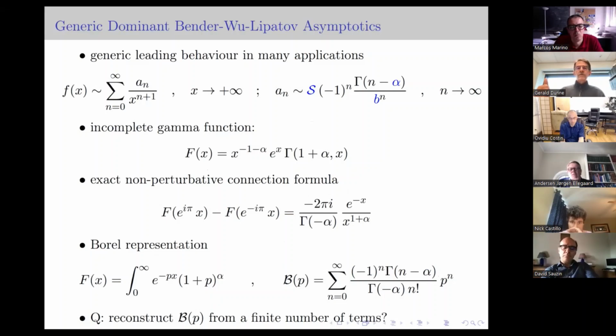The first thing you could do is just truncate. And of course, we all know that's hopeless, right? You fix the truncation order and then you try to decrease X, of course, it just goes haywire, okay? So as a function of n, the relative precision gets worse as you increase n. Okay, so let's forget about that. The next thing you might think of doing is doing Pade in the X plane.